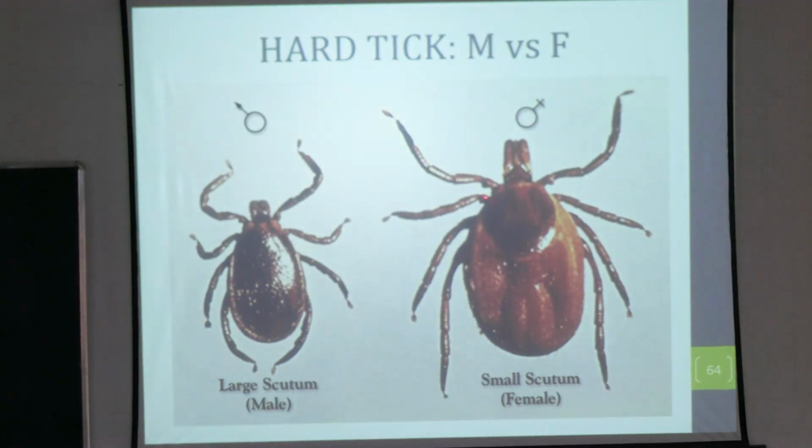But in females, it is covering only part of the body, so it is a small scutum. The female is larger in size and has a small scutum. By this, you can differentiate between the male and the female hard tick. Okay?